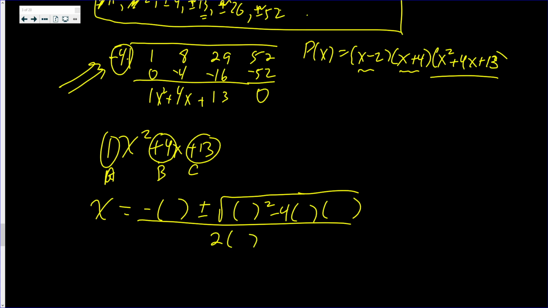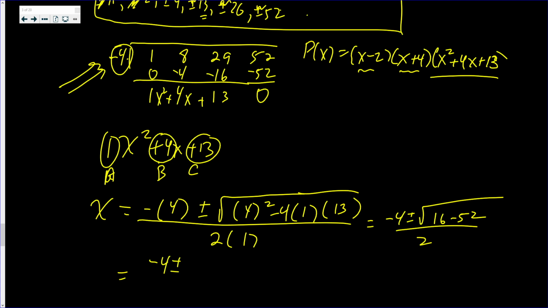And like always, we plug in the values. b is 4, a is 1, c is 13, and a is still 1. So we get -4 plus or minus the square root of 16 minus 52. That's going to be negative. So we're going to have 2 complex roots.